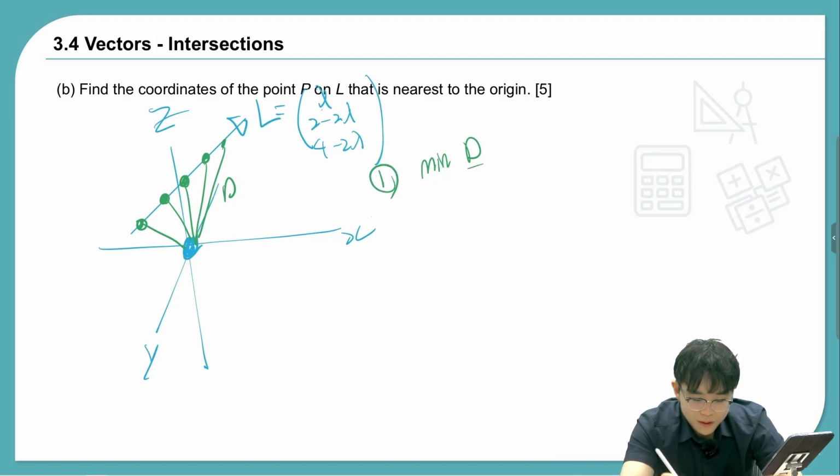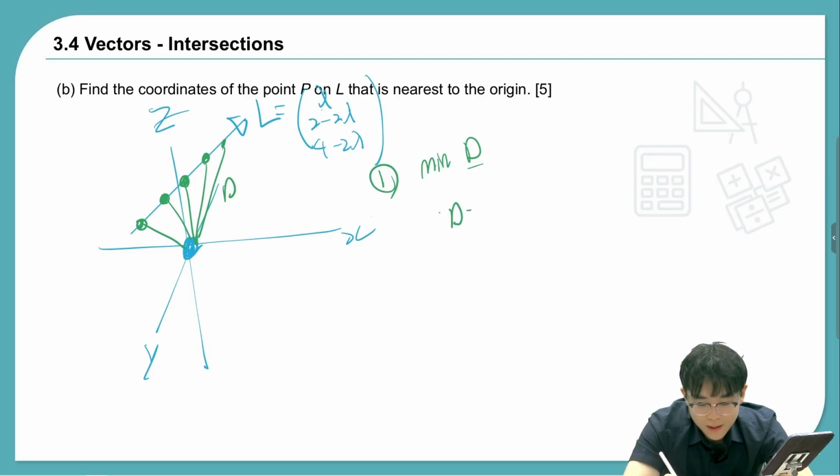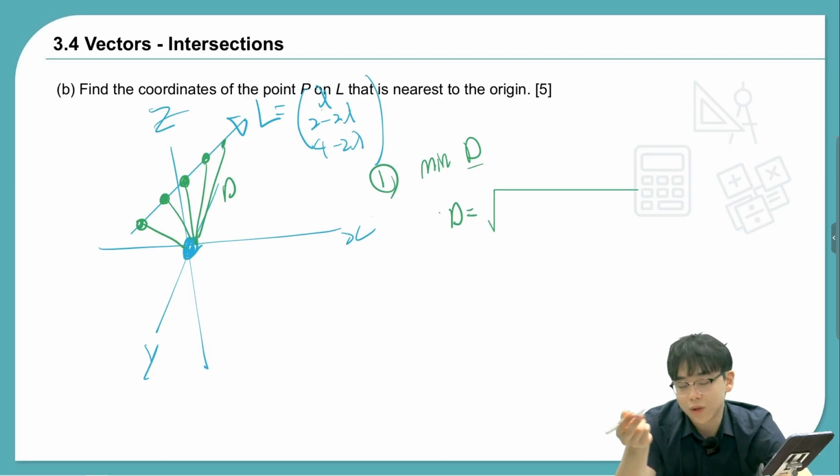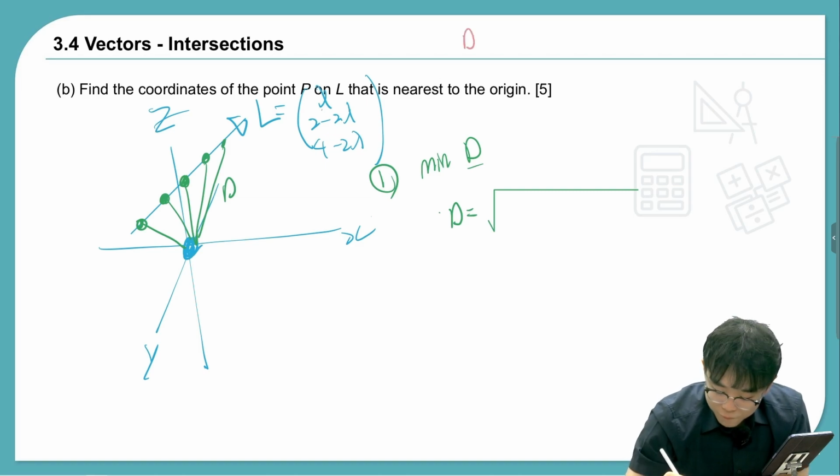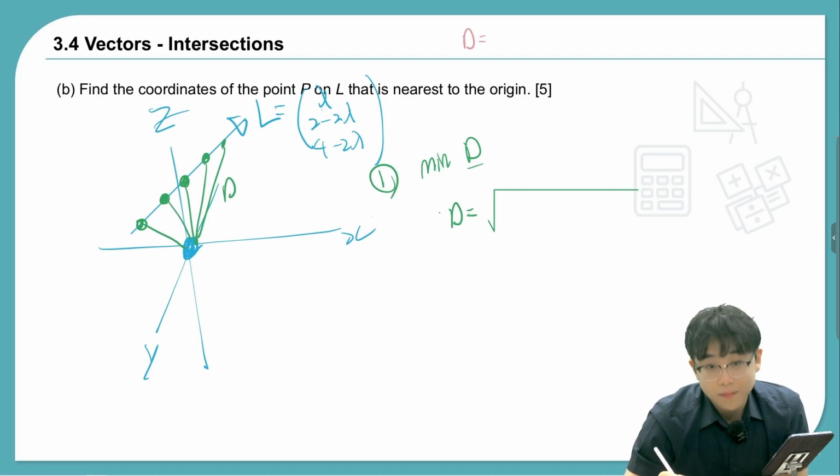So the first approach is we use d as a function of lambda, right? So if you want to find the distance between 2 points, we do x1 minus x2 squared plus y1 minus y2 squared plus z1 minus z2 squared, right? So the formula for distance between 2 coordinates like x1, y1, z1, and x2, y2, z2 is something like that.